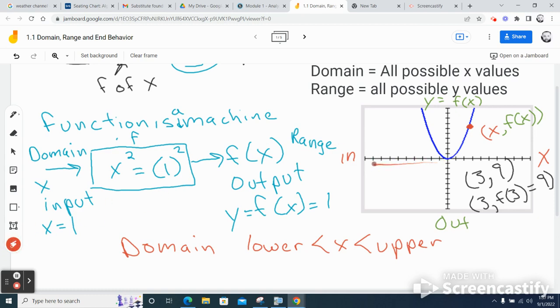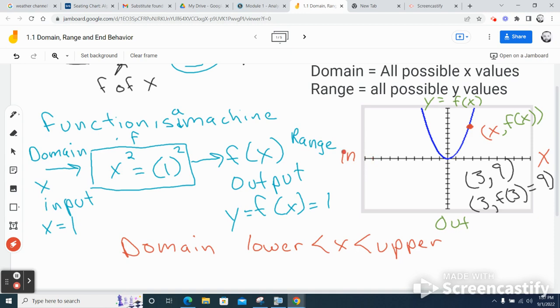I just have to look at the graph, and which way is the lowest x? If I go this way, does it get lower? Yeah. What happens when I go this way? It gets higher. So I'm going to follow the graph, and we know that the graph goes on forever. But we think about it in terms of left. How far left can we go with this graph? Negative infinity. It's infinity in the negative direction.